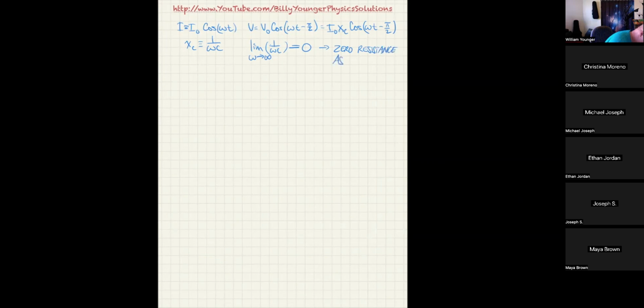And you can also realize that this is the same thing as sine. So if you graphed them, one would look like sine, the other one would look like cosine. But now we see why we have the ICE portion, because clearly the voltage is trailing the current by pi over 2.